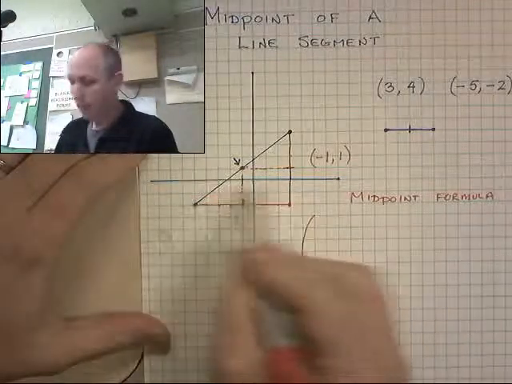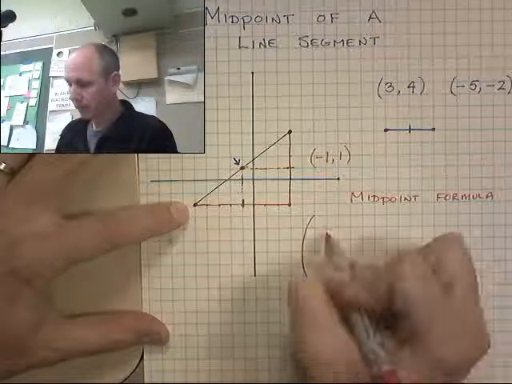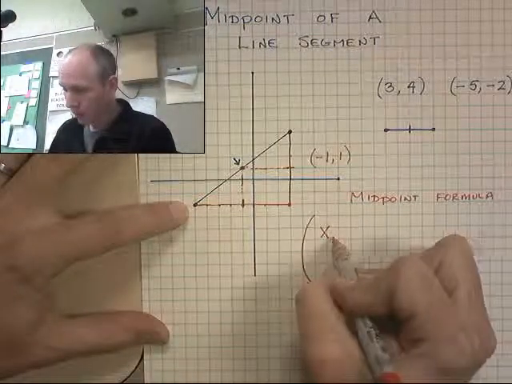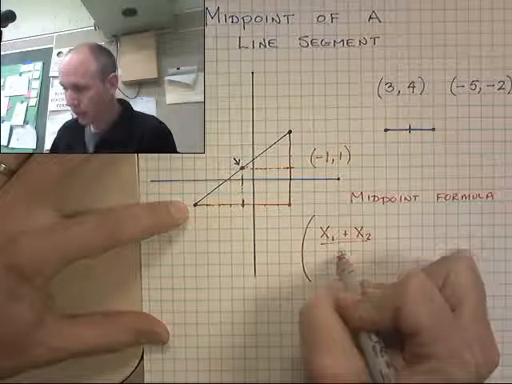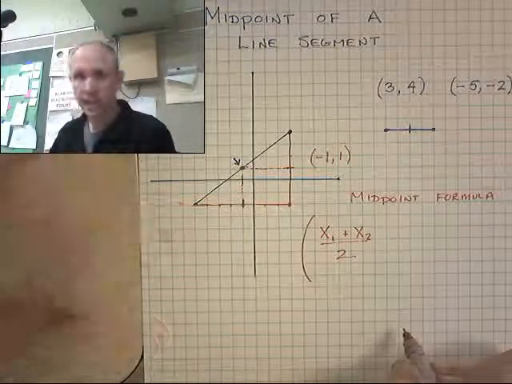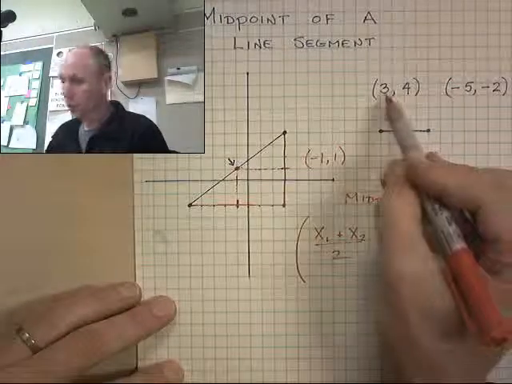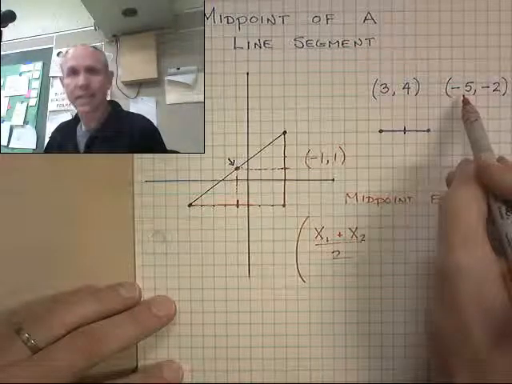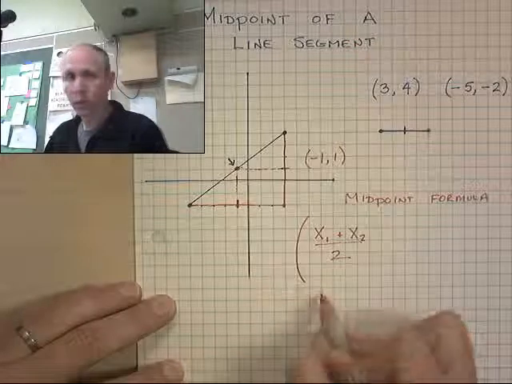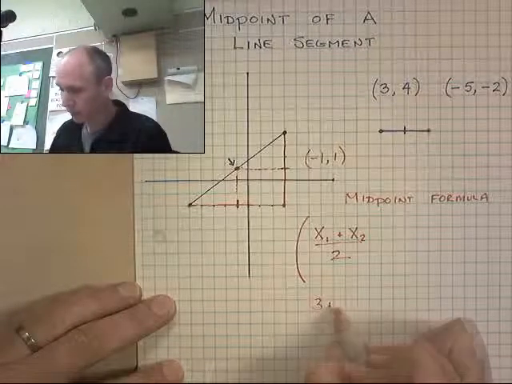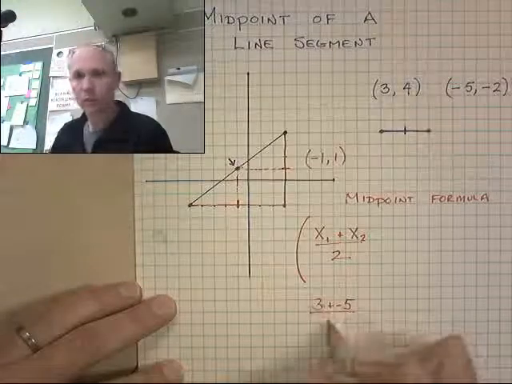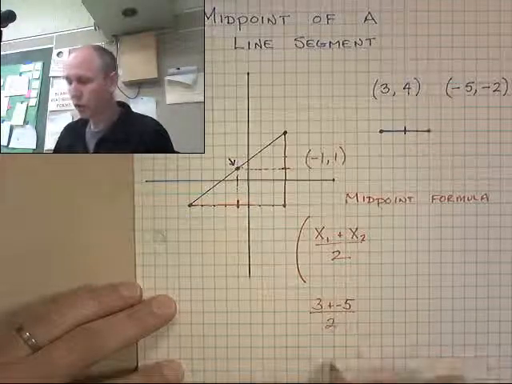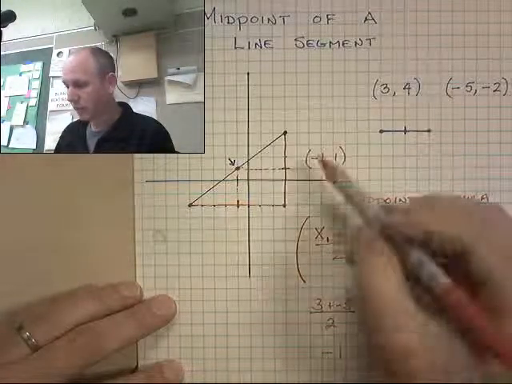If I take my x's, x1 plus x2, and I divide it in half, look what this means. What's 3 plus -5? 3 plus -5 is -2, divided by 2 would give me -1.